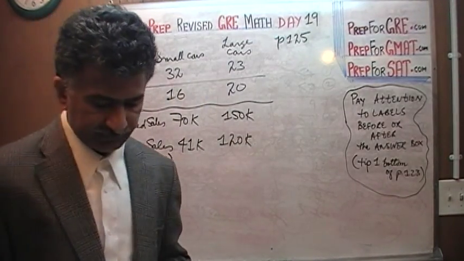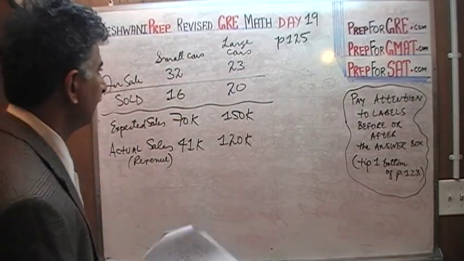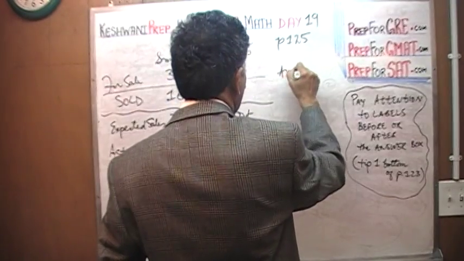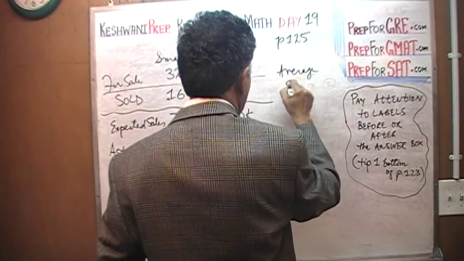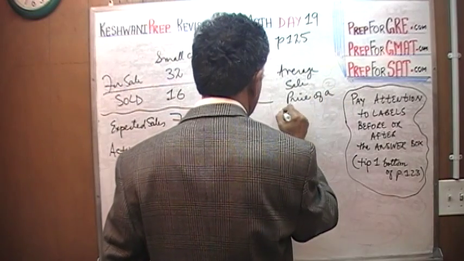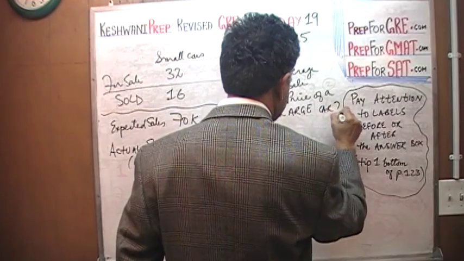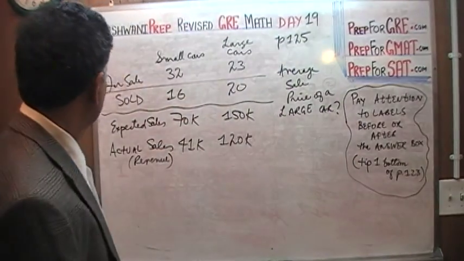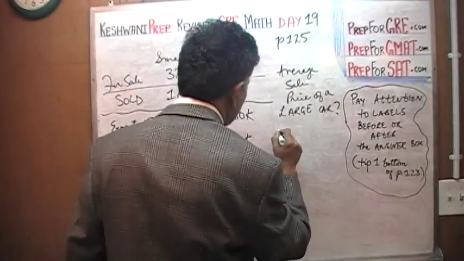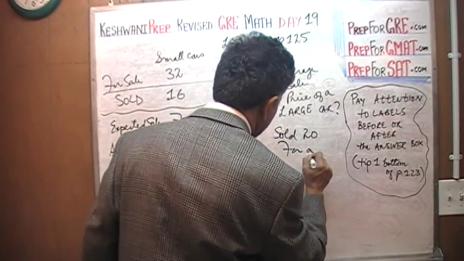What is the question actually asking? The question is, what is the average sell price of a large car? Well, that's very simple. How many were sold? We sold 20 of them.